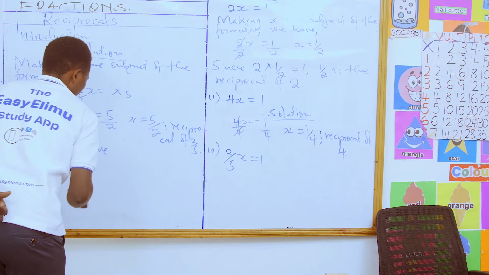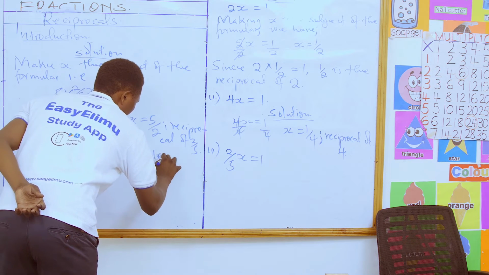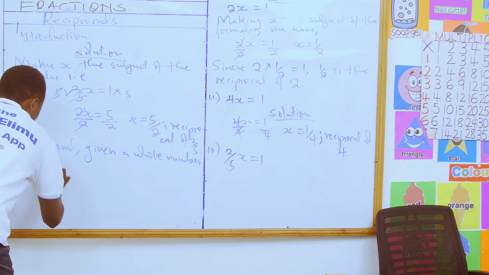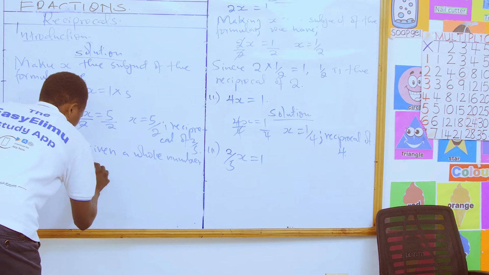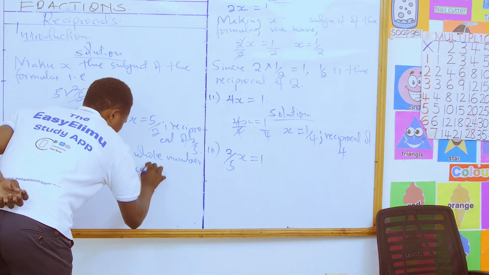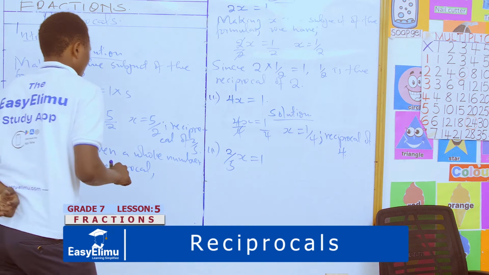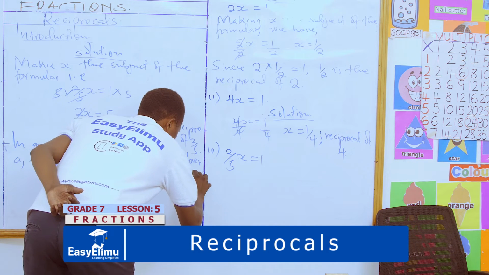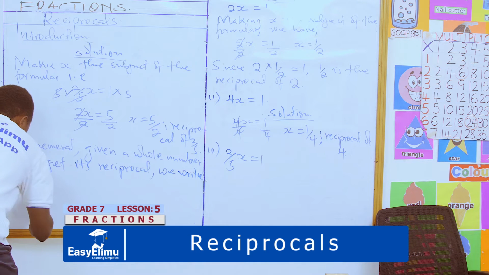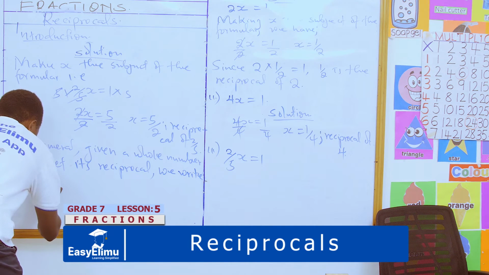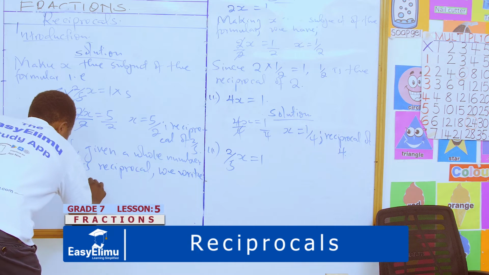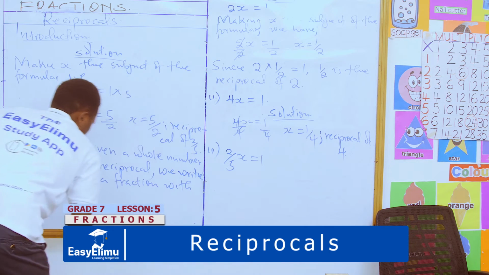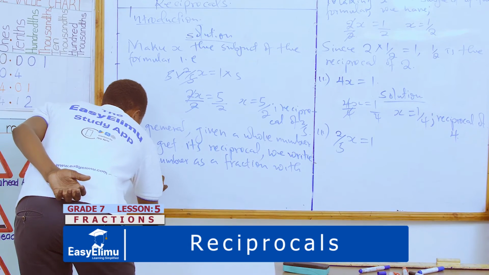In general, given a whole number A, to get its reciprocal, we write the number as a fraction with 1 as the numerator.